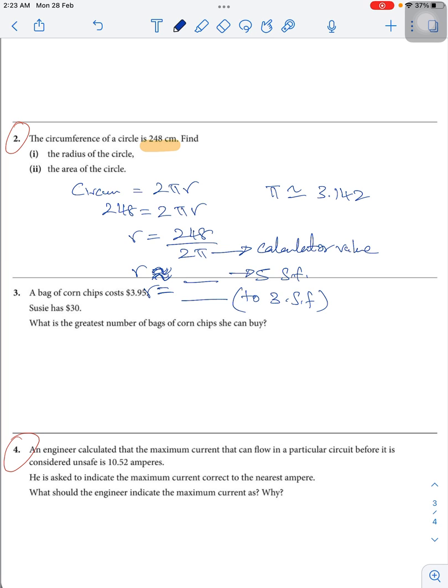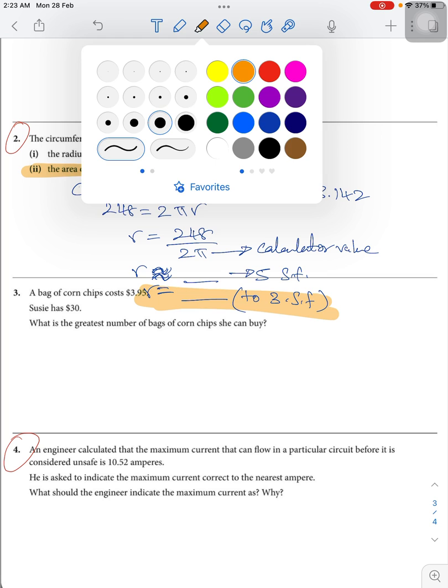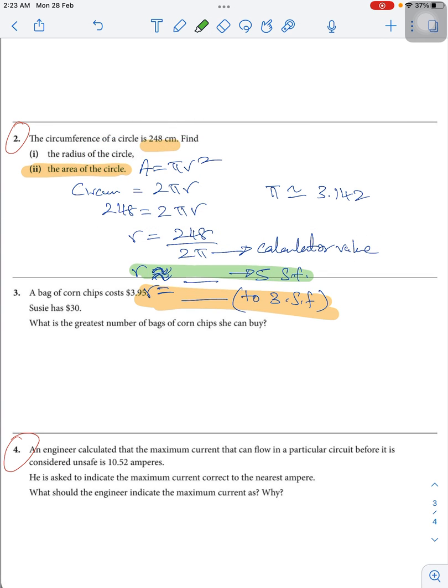Okay, now when you're using the r value here, you're not supposed to use this r value for the next part here. This is area is equal to pi r squared. Okay, so remember, don't use this, and what you're supposed to use is the one in green. Use the 5SF, so as to reduce your error.